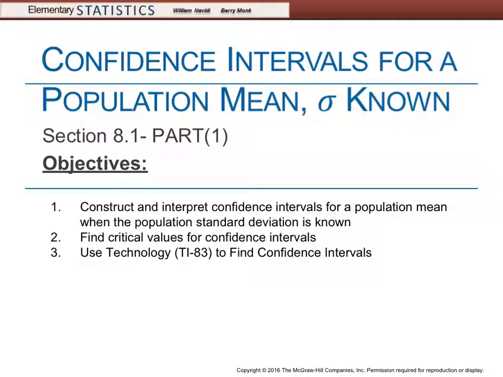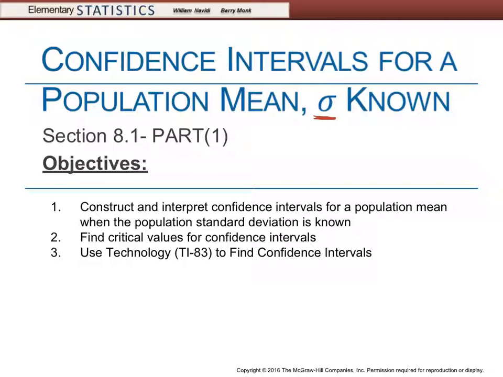So in this chapter, chapter 8, we are going to be computing confidence intervals for different parameters. In this case, in part 1 of section 8.1, we're going to look at the population mean, mu. And this is going to be for a known value of sigma.